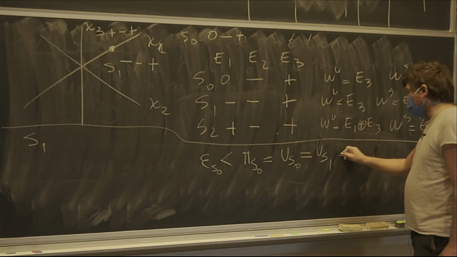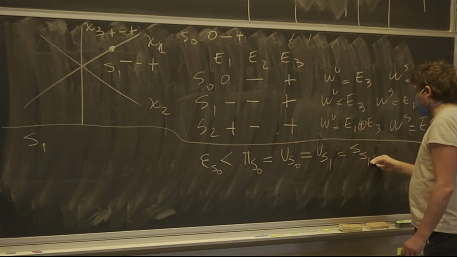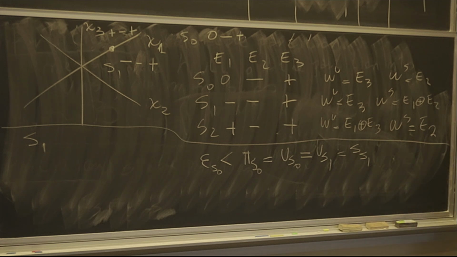But the unstable for S1 is the same as the stable for S1. That's the Ledrappier-Young, item 2. Now the stable for S1, wait a second. I need to be careful and do it correctly.